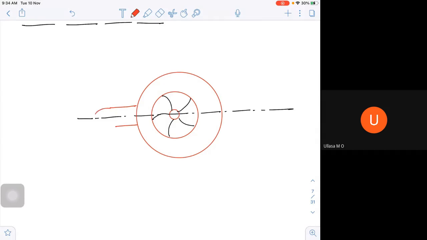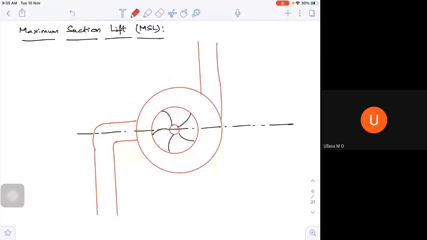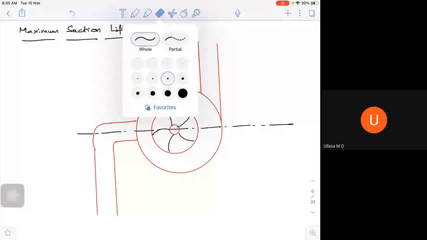It is connected to the center of the pipe, and this will go to the sump. On the other side I can have the delivery pipe, which is coming over here. This is my delivery pipe.